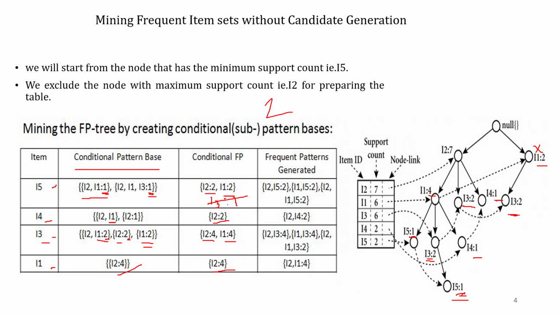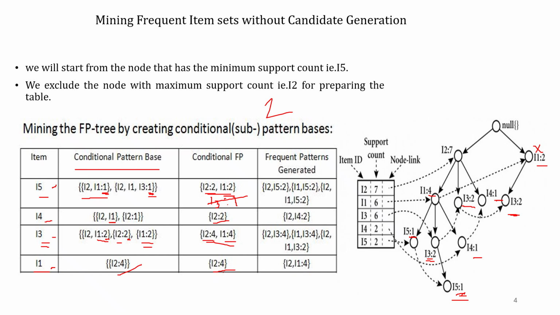What happens? So this conditional FP is for I5, this conditional FP is for I4, this conditional FP is for I3, this conditional FP is for I1. So now I'm going to combine each and every item with the item to which it has been navigated.